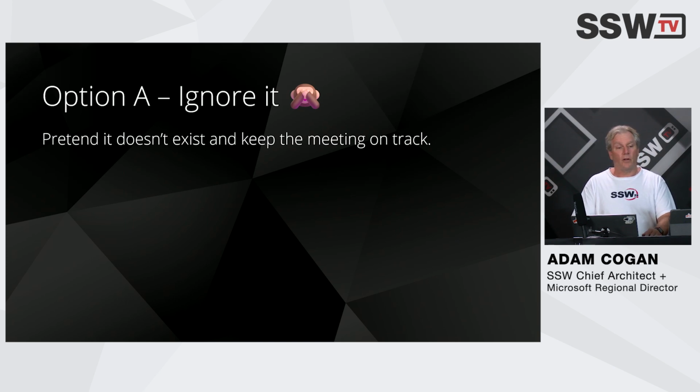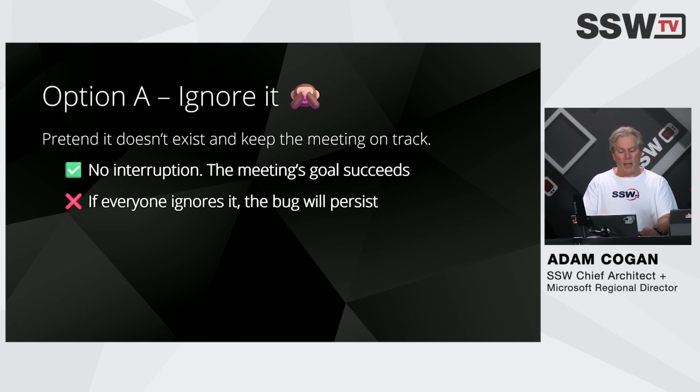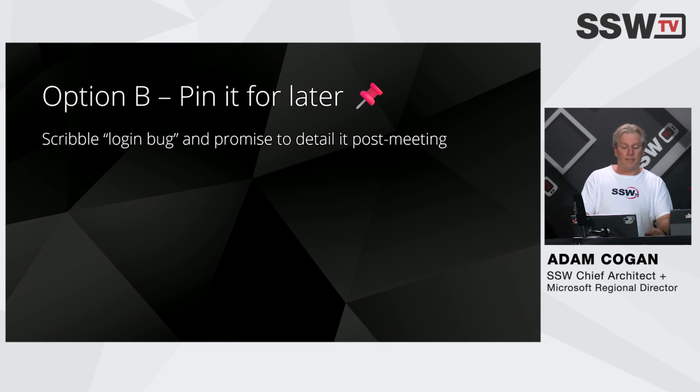And I've seen a lot of people do that. It's certainly no interruption. That meeting continues. Let's just say it's a finance meeting or a sprint review or something. If everybody ignores it, that bug will persist until somebody else finds it. Now, if they find it in a meeting, and that's the general policy of just plowing through, you have to kind of experience that when someone's not in a meeting.